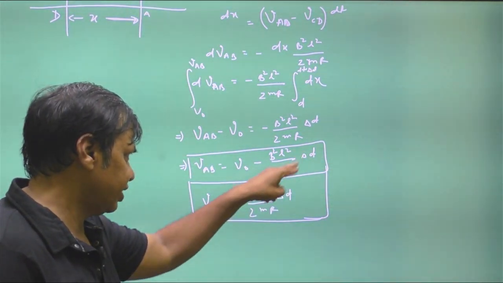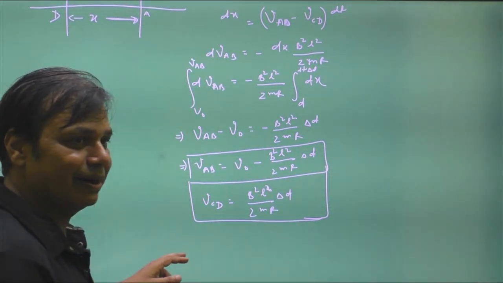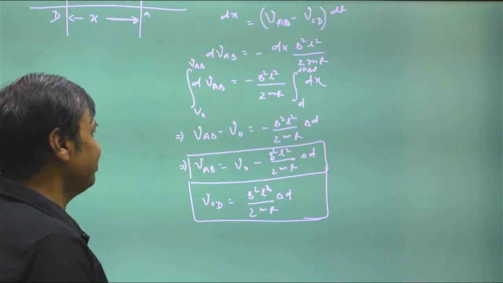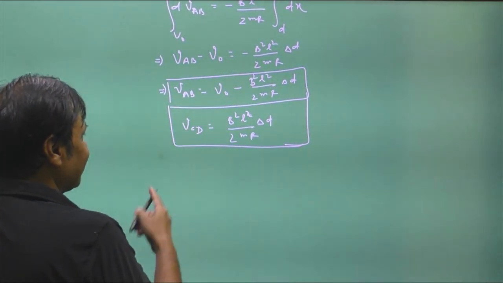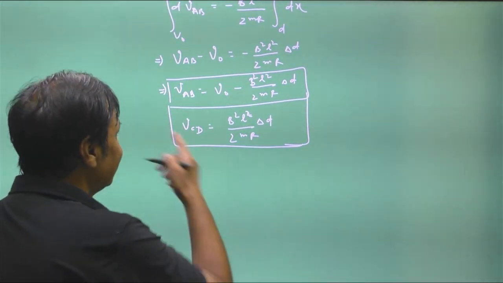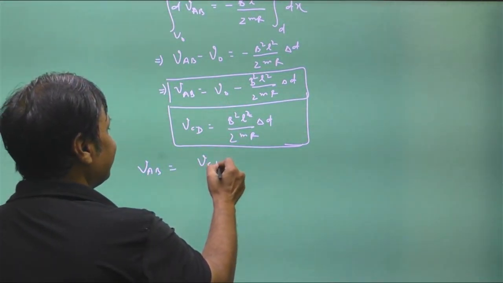We needed to find this delta d. I can do this. Anyone can do this. Because after a long time, there will be equilibrium, and VAB will be equal to VCD.